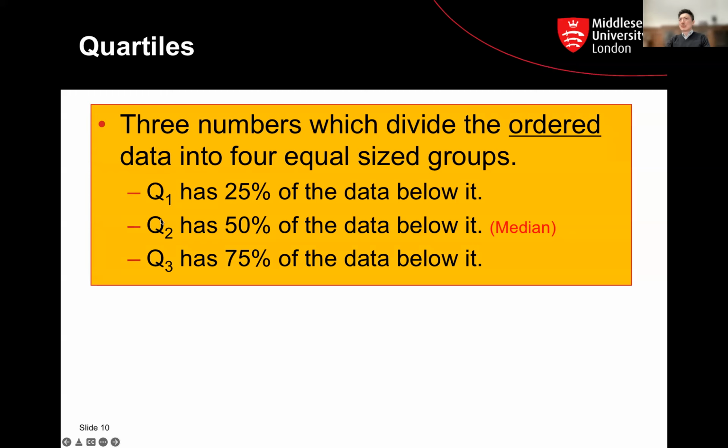And so the first quantile has 25% of data below it, or to the left of it, or smaller than the first quantile. And then the second quantile, or Q2, has 50% of data below it. So this is essentially the median.